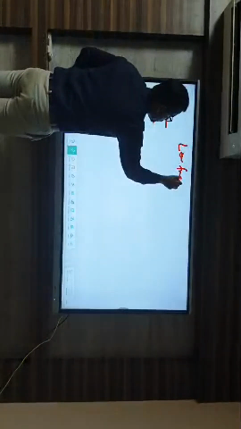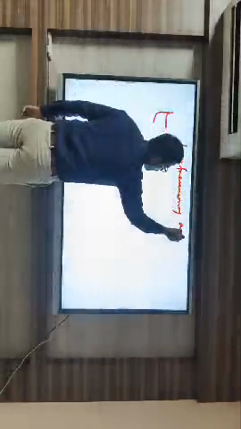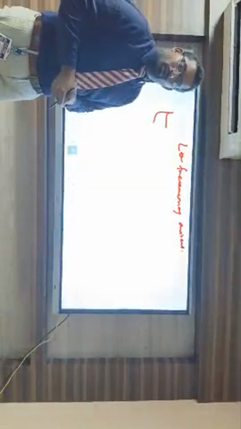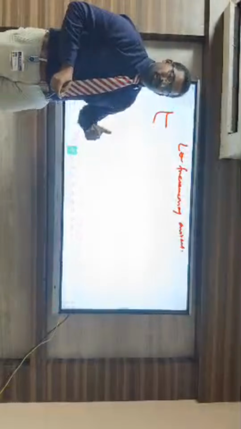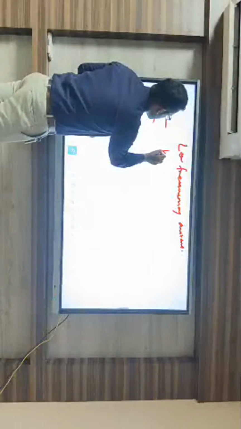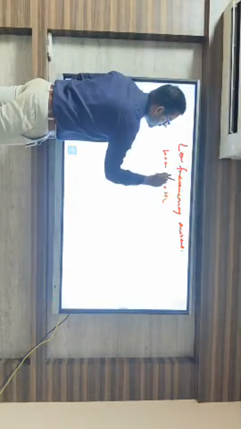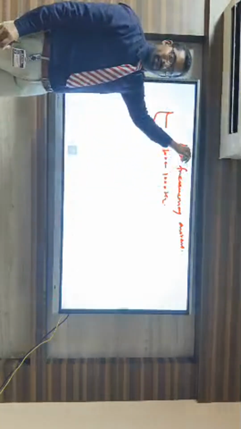Coming to the session, first we start with the Faradic current. We'll start from the low frequency unit. I already told you what is meant by low frequency: frequency units between 100 and 1000 hertz come under low frequency currents.